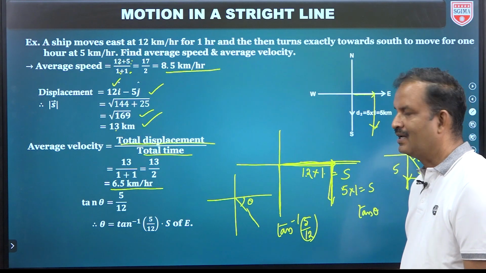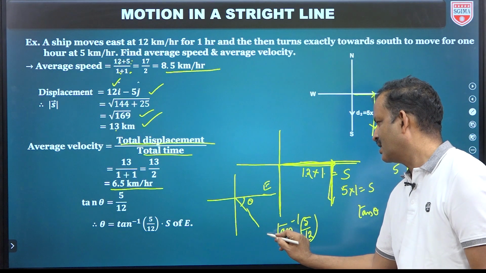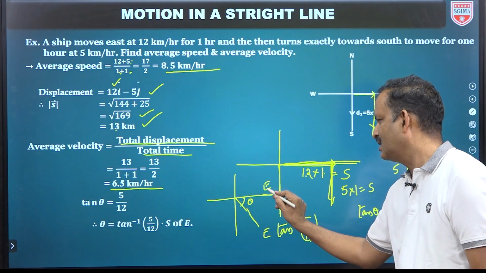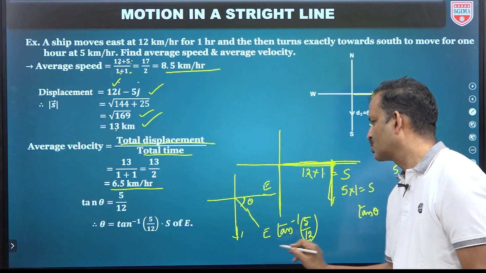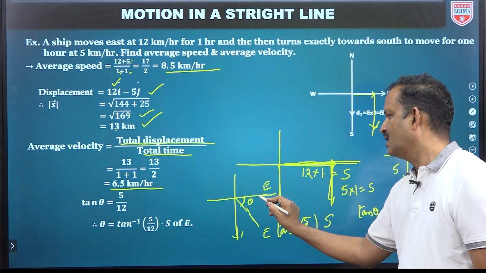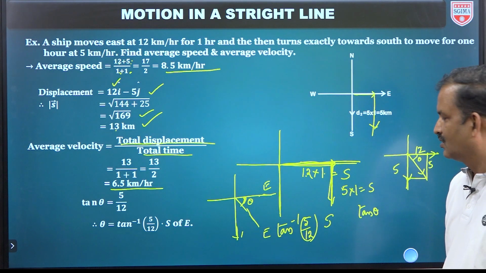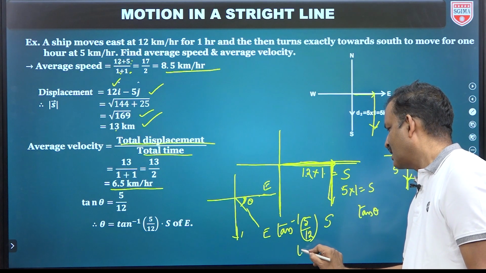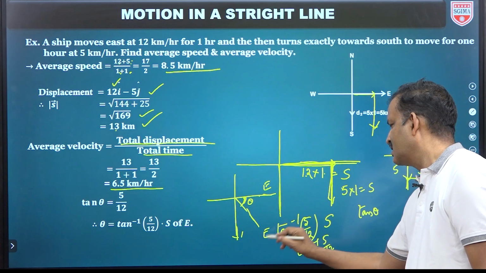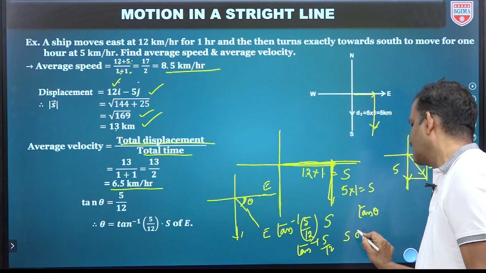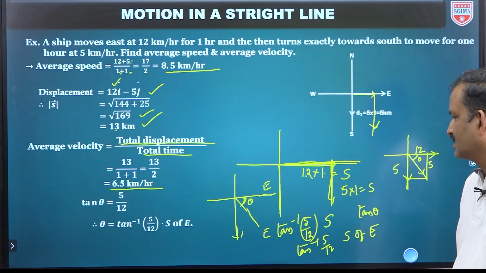Theta is making an angle from east, east, then theta, then south. You can write this simply as tan inverse 5 by 12, south of east.